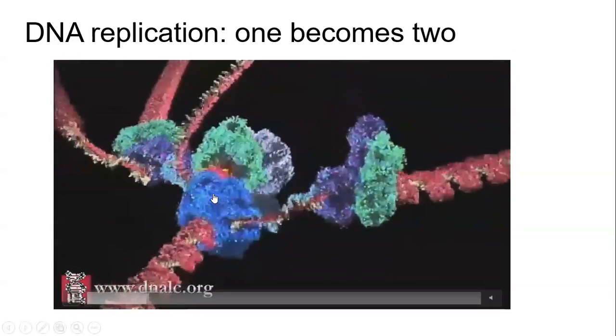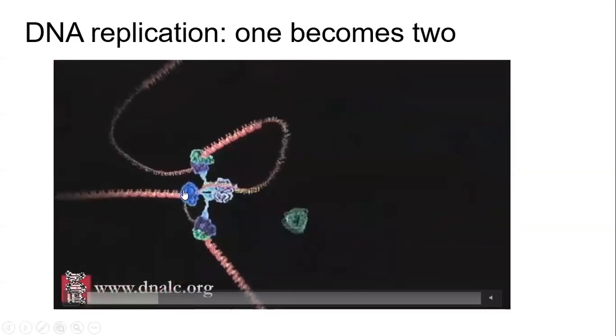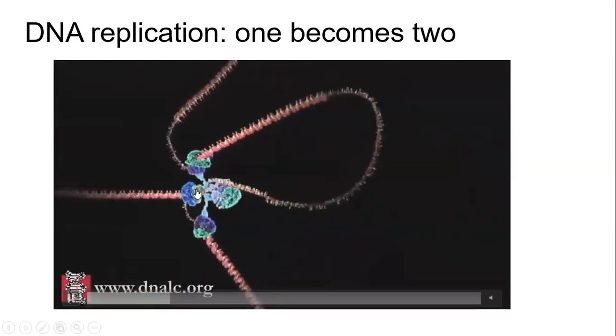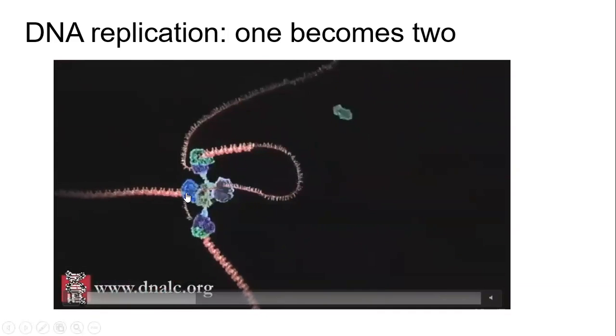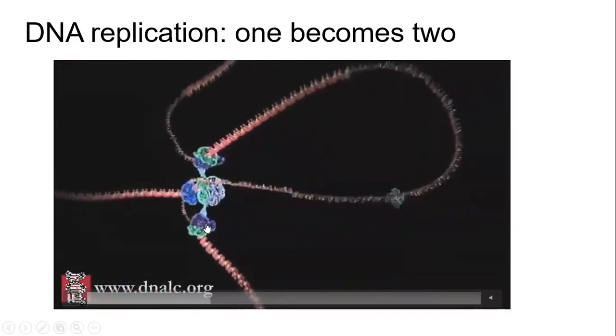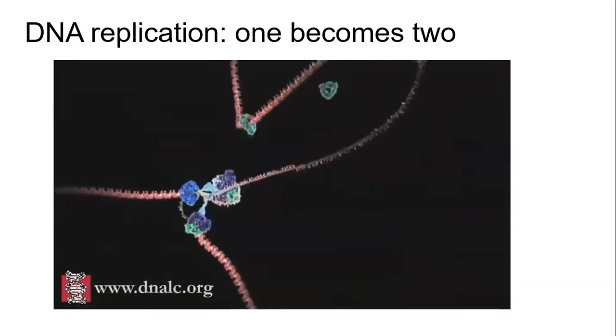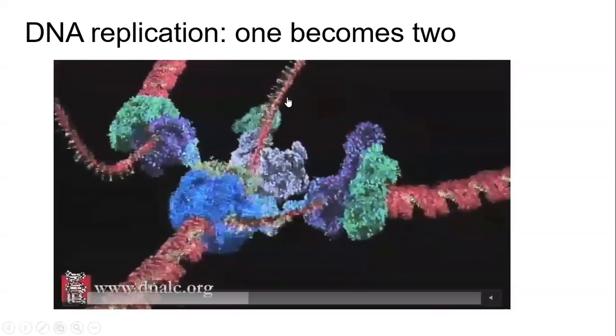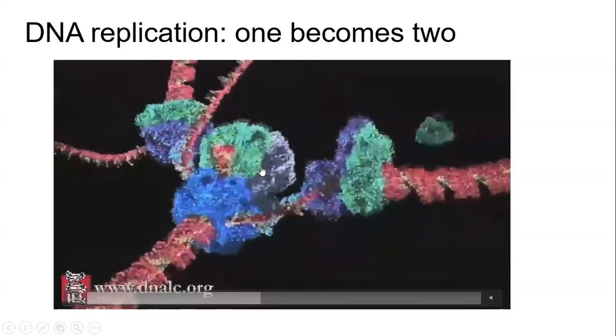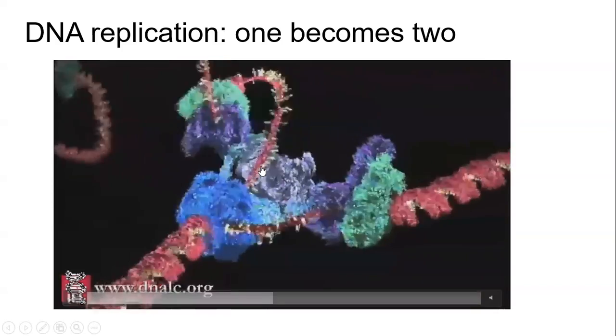So this is this incredible molecular machine which unzips the DNA coming in from the left, and it then sequences, it fills in the other side of the helix on either side. So on the bottom, you can see the leading strand being duplicated, and that whole complicated machine is busy replicating the lagging strand.